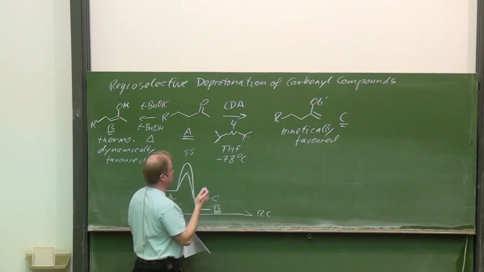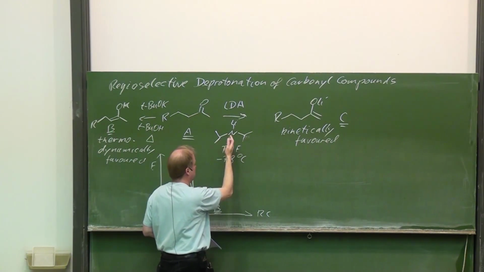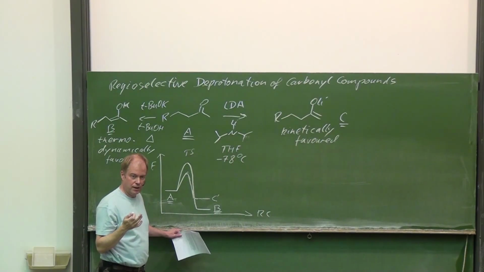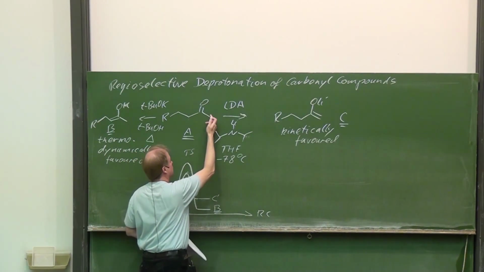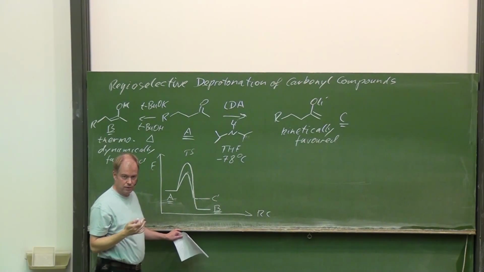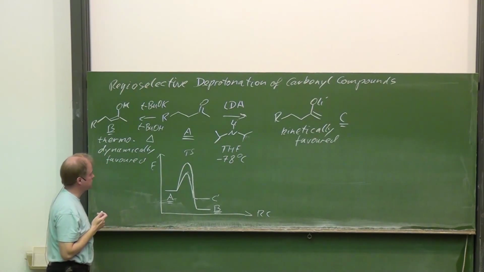And if we have a sterically hindered base, it can of course attack a hydrogen at the terminal methyl group better and faster compared to this position.